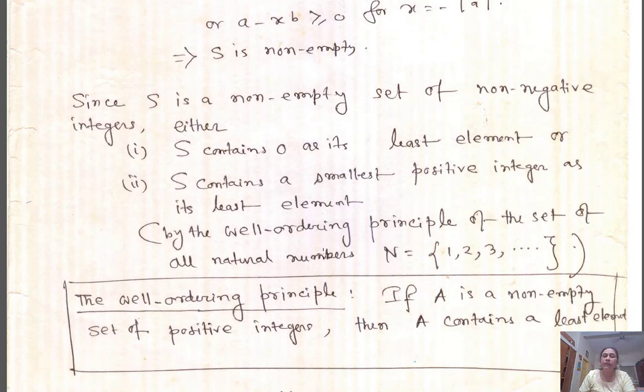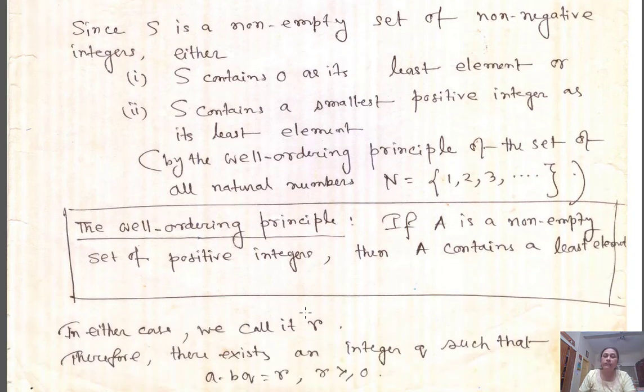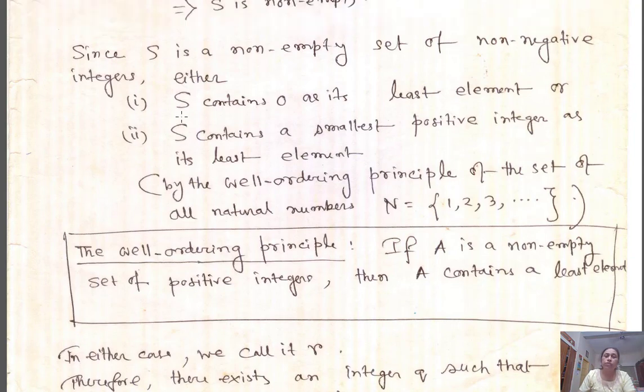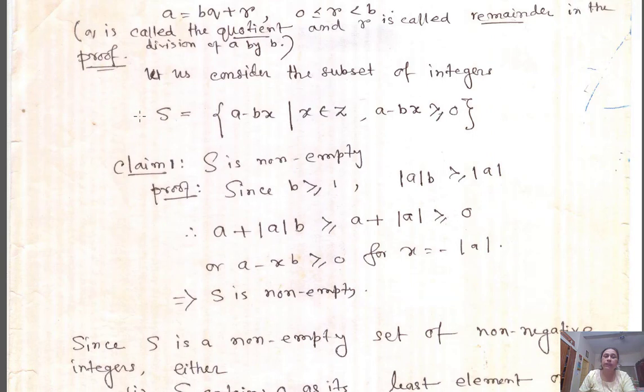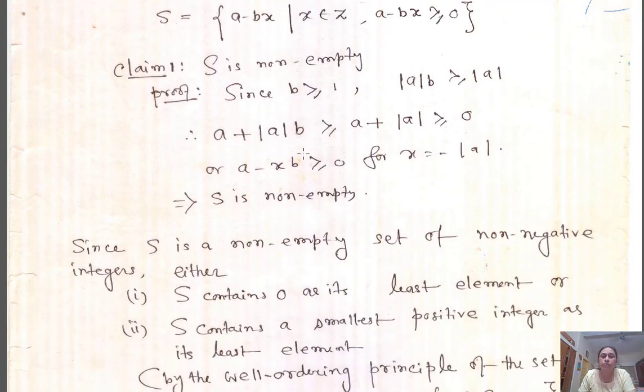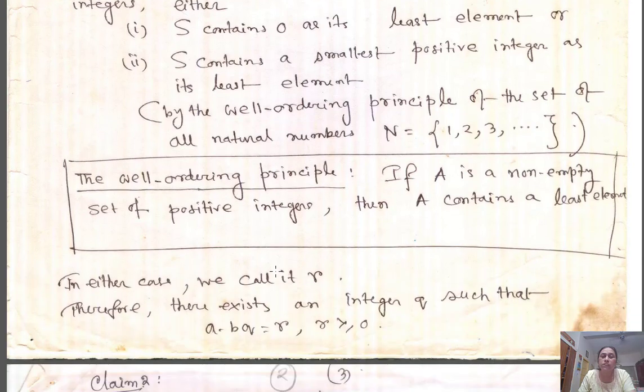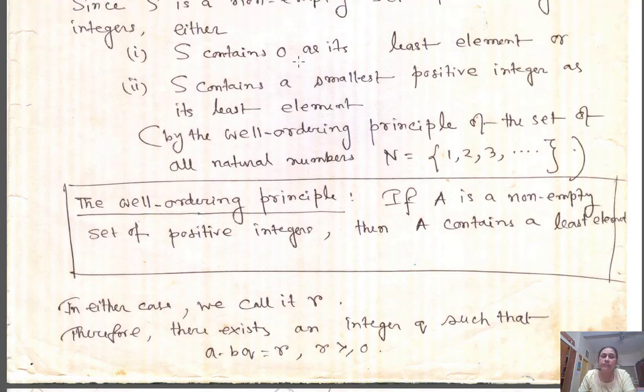Suppose r is the smallest element of S. This means r is of the form a minus bq, where q is some integer. This r can be 0, or it can be some positive integer.